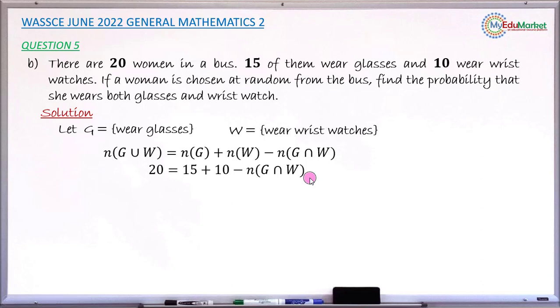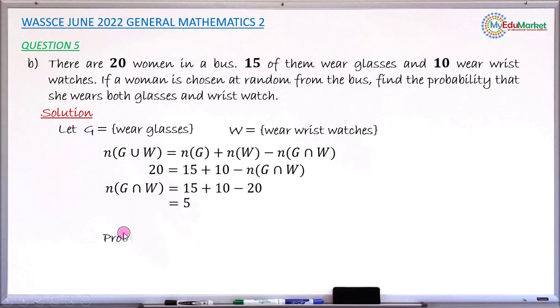Rearranging, taking the number of elements in the intersection to the left and this 20 to the right, you have the number of elements in G intersect W equals 15 plus 10 minus 20. Adding and subtracting correctly, the number of elements in G intersect W equals 5. That is, the number of women that wear both wristwatches and glasses is 5.